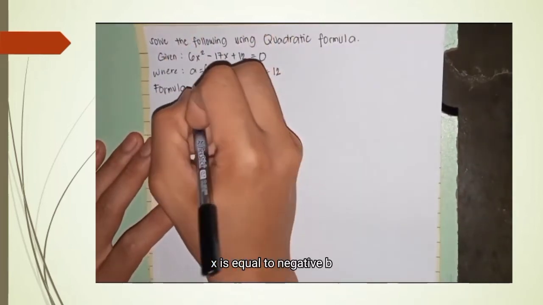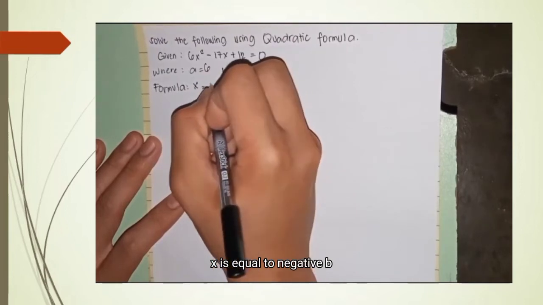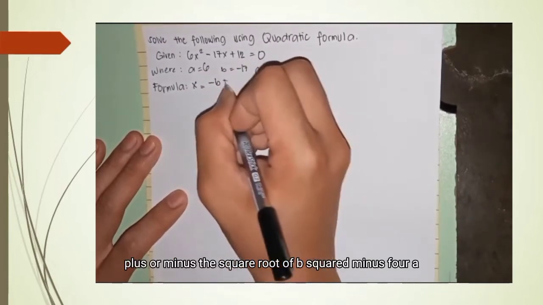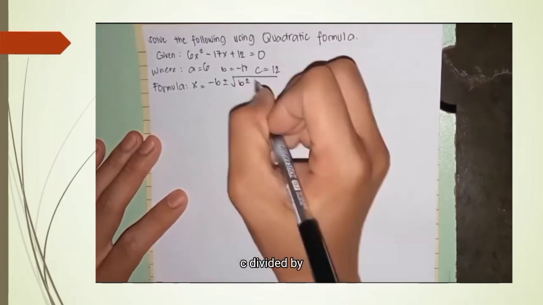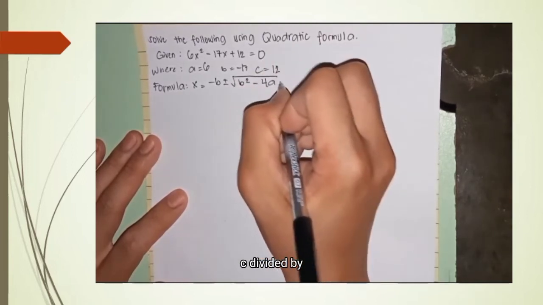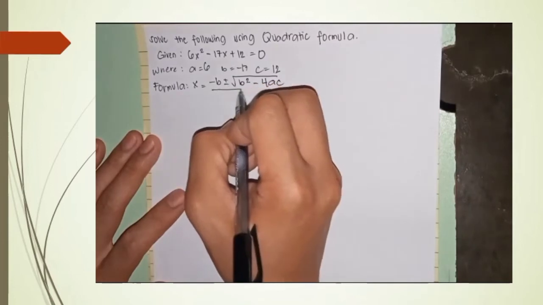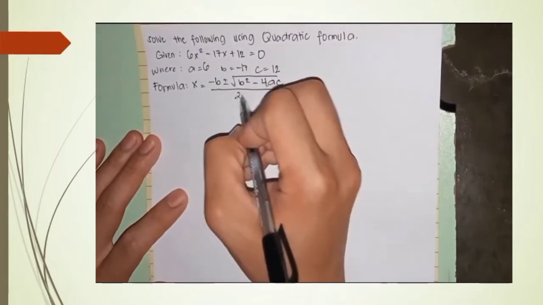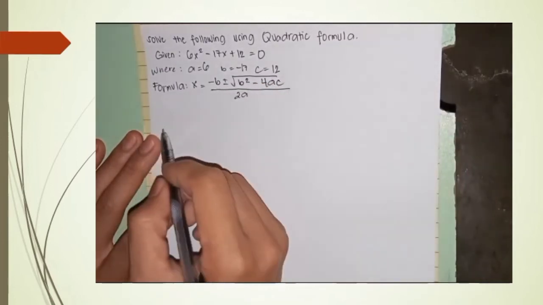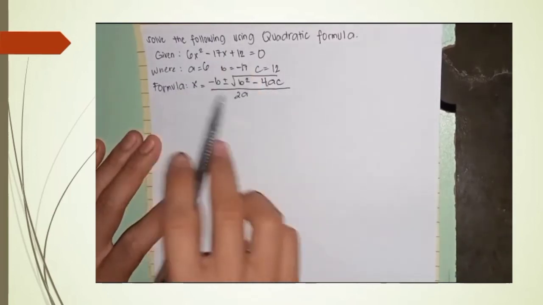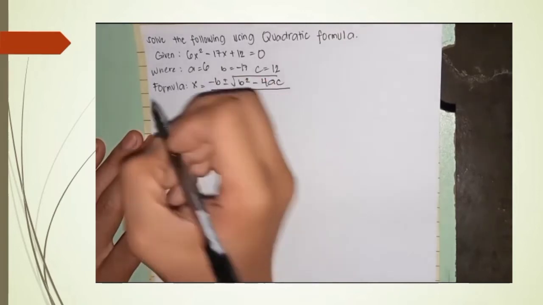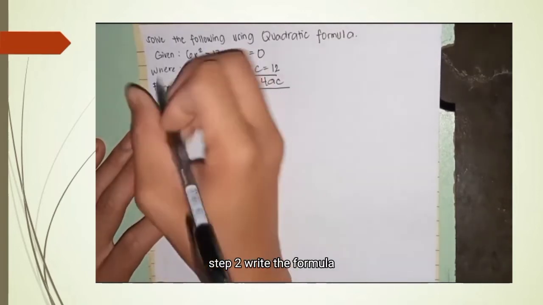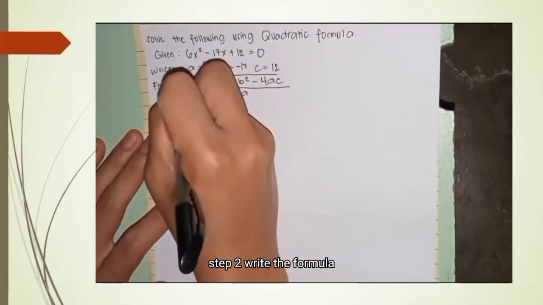X is equal to negative b plus or minus the square root of b squared minus 4ac, divided by 2a. Step 2. Write the formula.